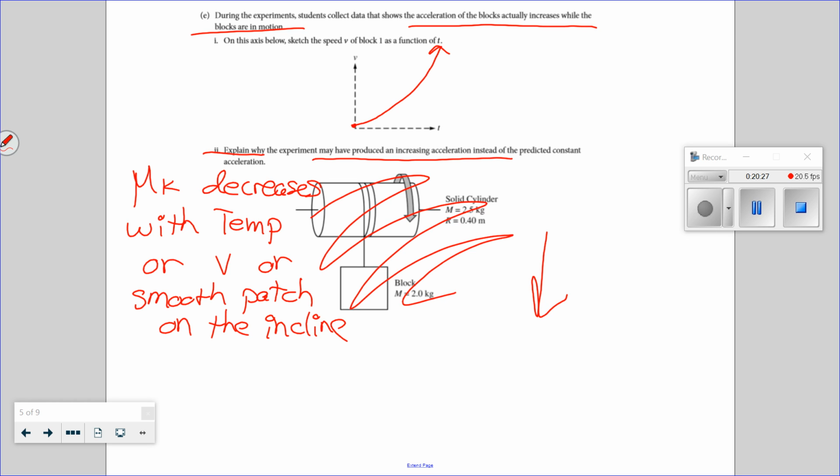They like my third choice there. Acceptable evidence: the block's acceleration. The incline is getting smoother. Okay. That's literally there. But I would have to accept any reason you can think of why kinetic friction decreases. Okay.